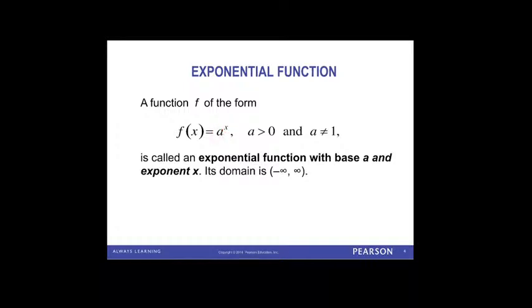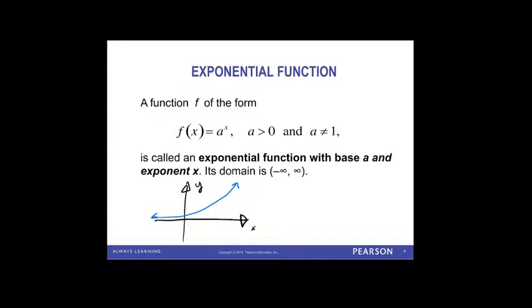Just to provide a little context, say we consider the xy plane. Say this is positive x, this is positive y. The exponential function takes on this shape. The further you go off to the left, it gets infinitesimally close to the x-axis. It gets really, really close, but it never actually touches.